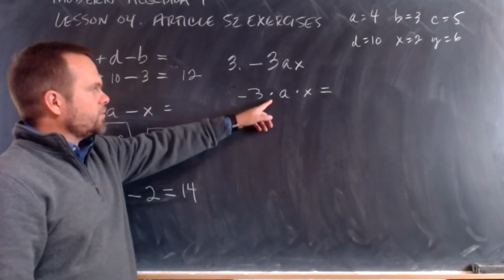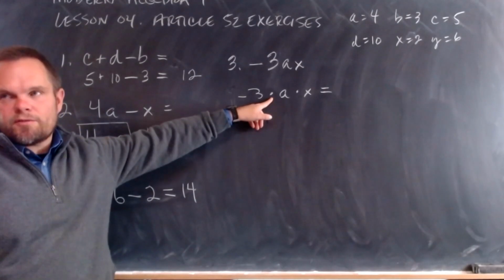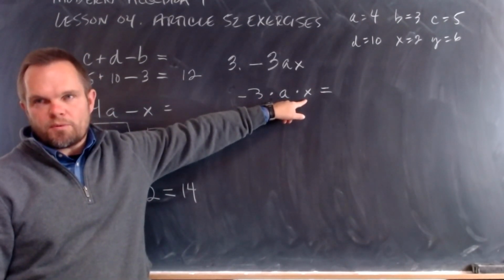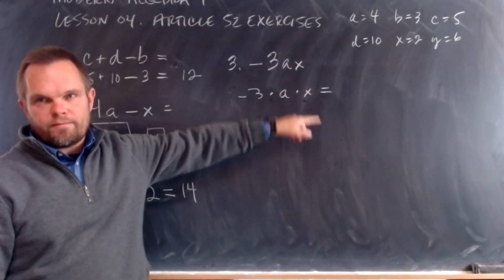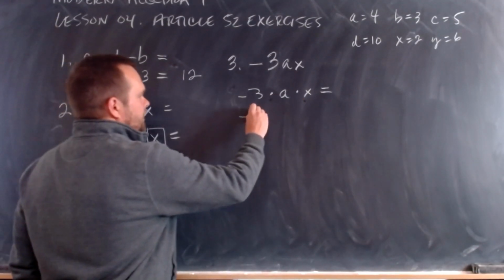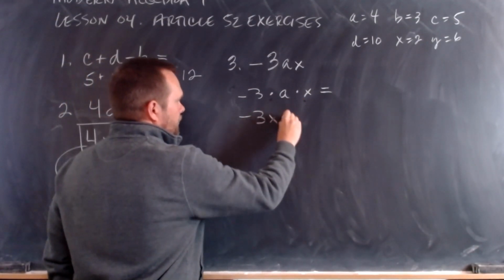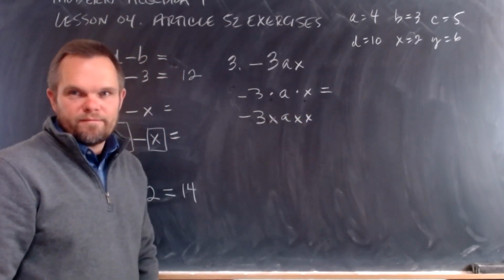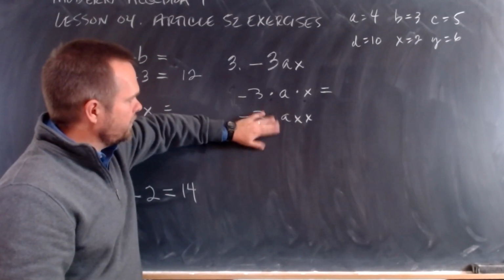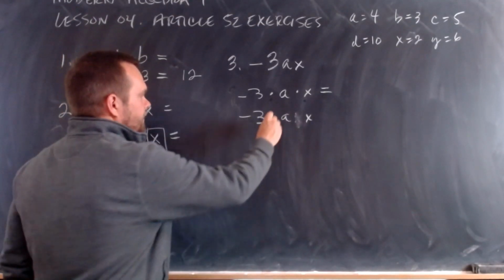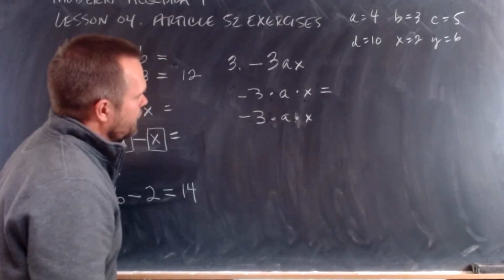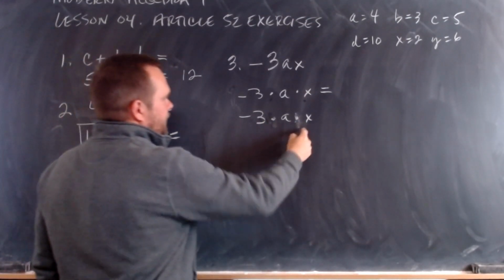One of the reasons why it's helpful to use dots for multiplication is so you don't confuse them with x's in algebra, right? It'd be pretty confusing if I wrote it like this, wouldn't it? That's why you can use dots instead of x's. So negative 3 times a times x.